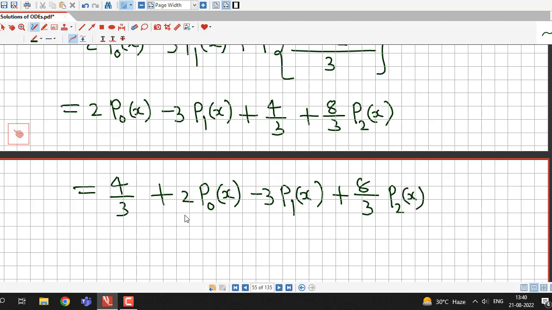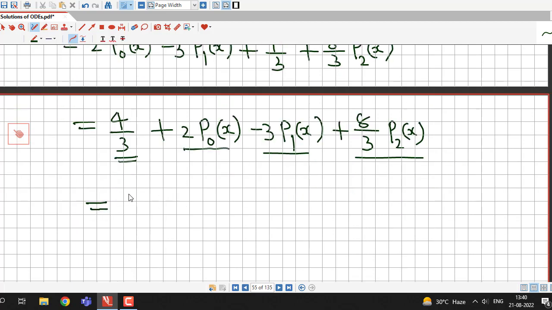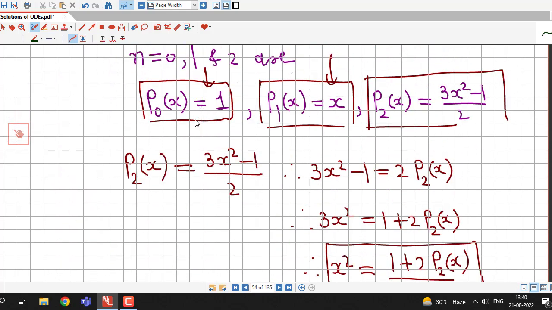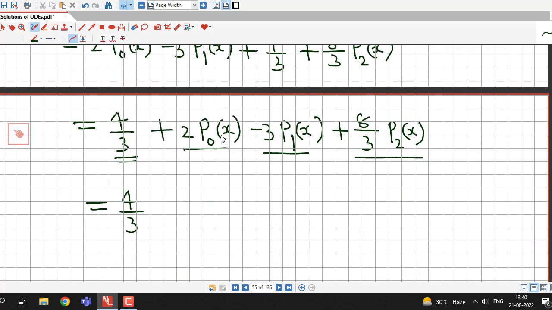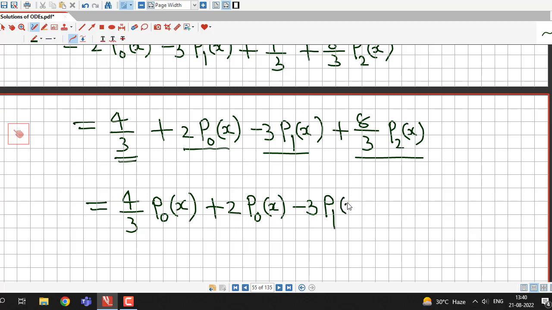Okay, fine. We can see all these terms contain a Legendre polynomial of degree 0, 1 and 2, but this term is independent of Legendre polynomials. So we can write 4 by 3 as 4 by 3 into 1, and 1 can be replaced by the Legendre polynomial of degree 0. In the next step I write 4 by 3 as 4 by 3 into P0(x), because P0(x) is 1, plus 2 times P0(x) minus 3 times P1(x) plus 8 by 3 times P2(x).